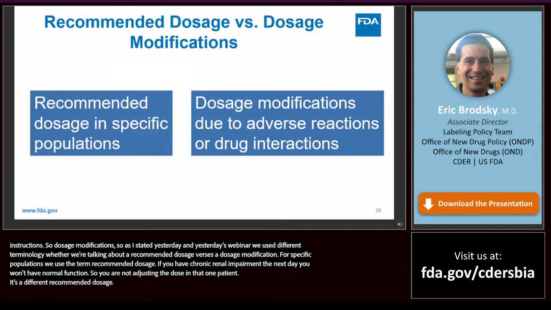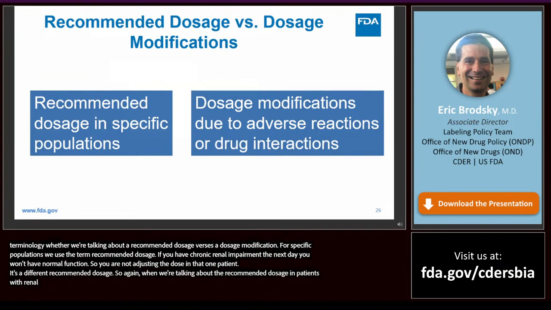So again, we talk about the recommended dosage in patients with renal impairment, the recommended dosage in patients with hepatic impairment, the recommended dosage in patients that are a certain CYP4 metabolizer. We use the term recommended dosage.